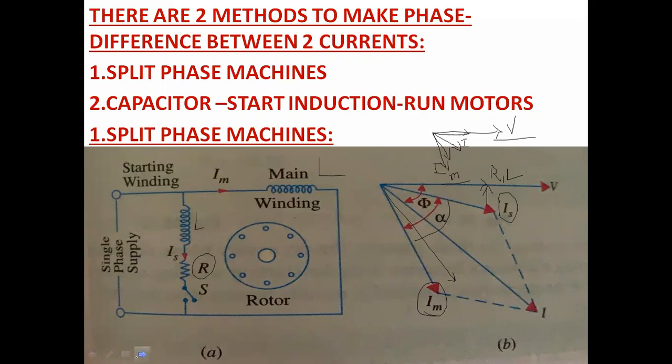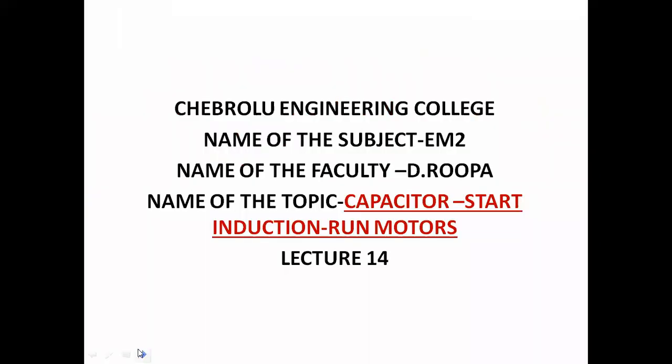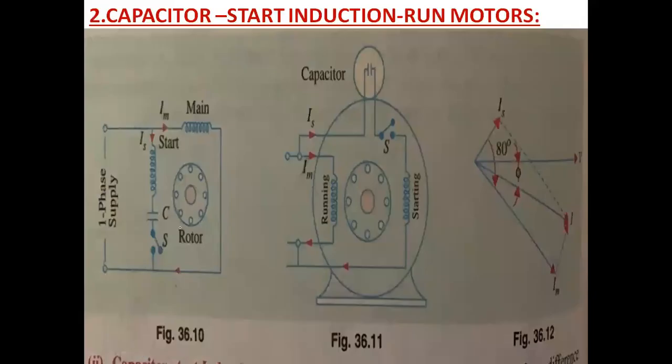So same as this, I am here putting C. So if I put C, what happens? I will be leading to V. So I will be like this, leading to V. So there exists a lot of phase difference between IS and IM. IM is here, IS is here.